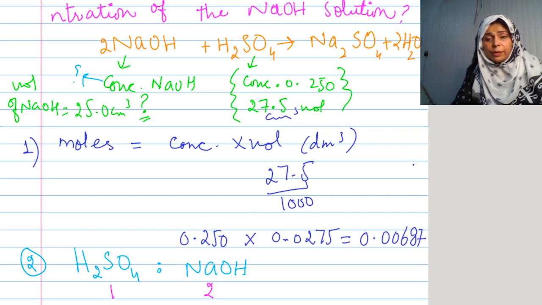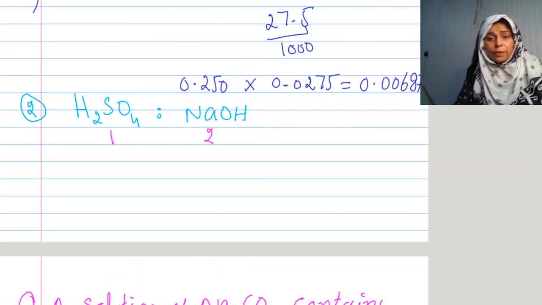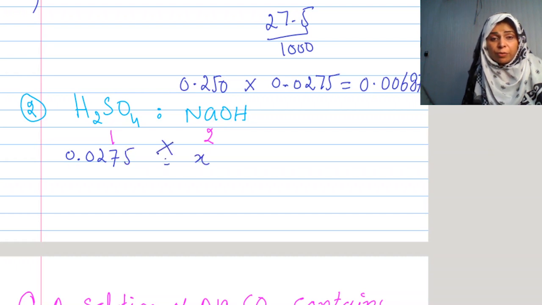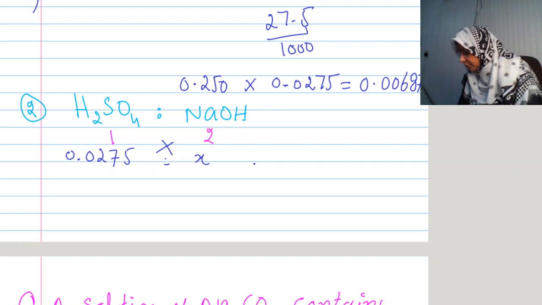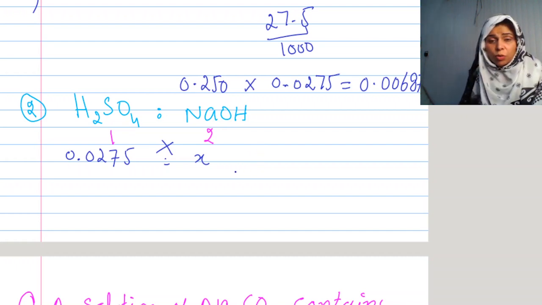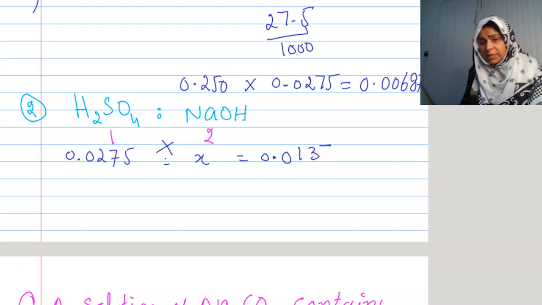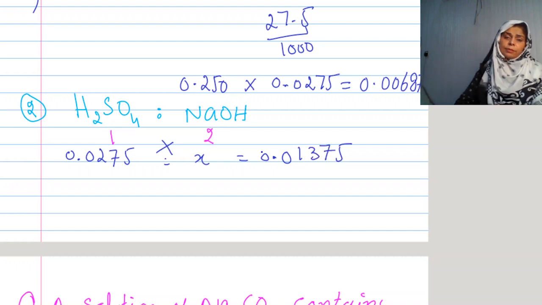If 0.00275 moles of sulfuric acid reacts, what will it form? The answer will be, we will multiply by 2, 0.01375.